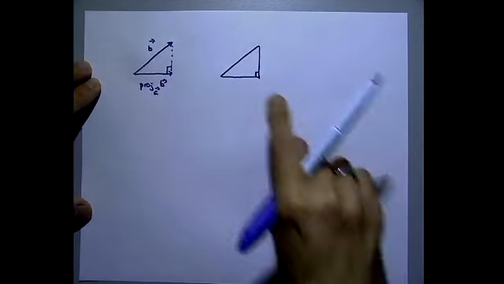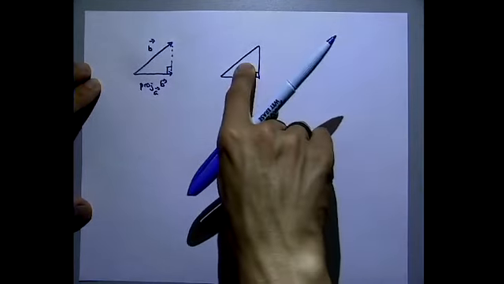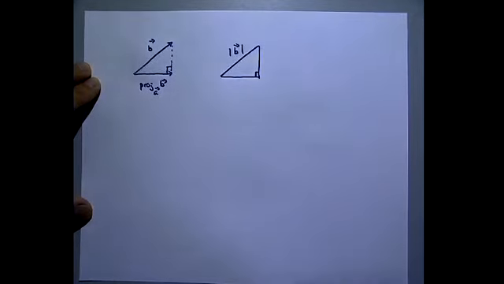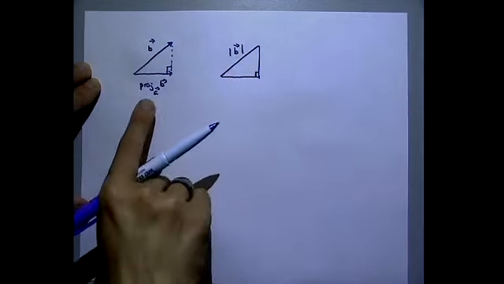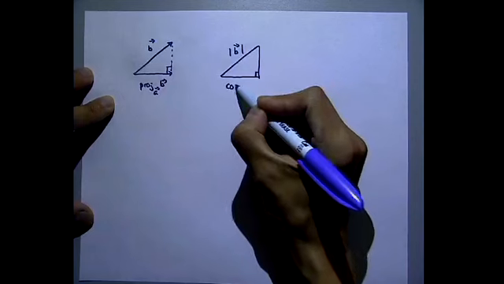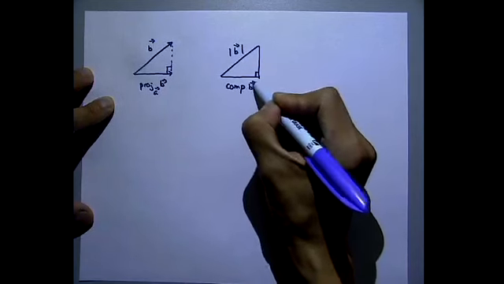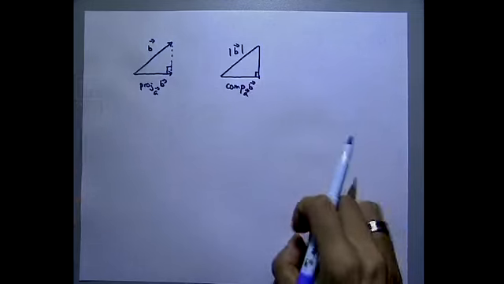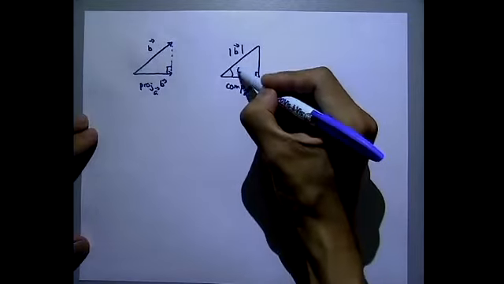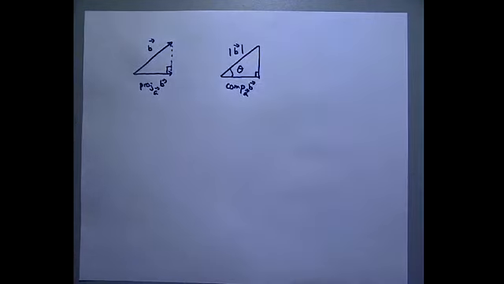We end up getting a right-angled triangle. The magnitude of the hypotenuse is the magnitude of B, right? And the magnitude of the vector projection is the scalar projection, or the component of B along A.